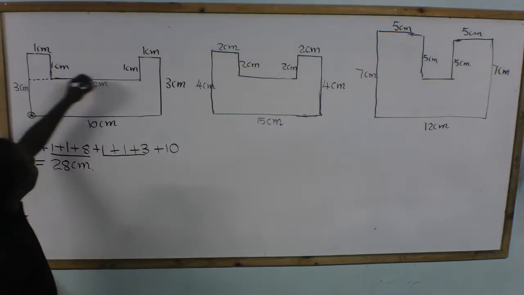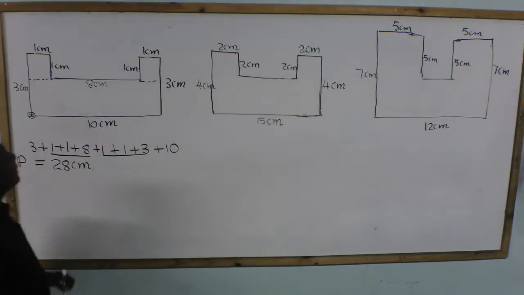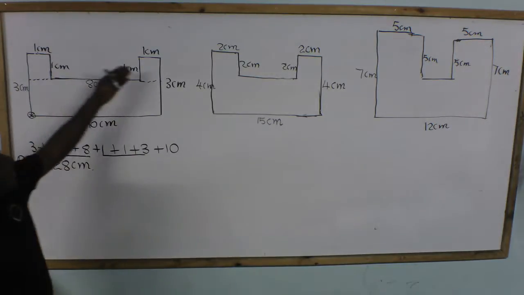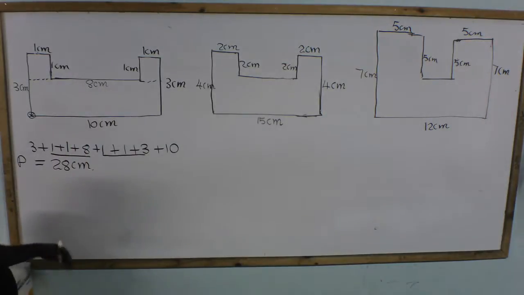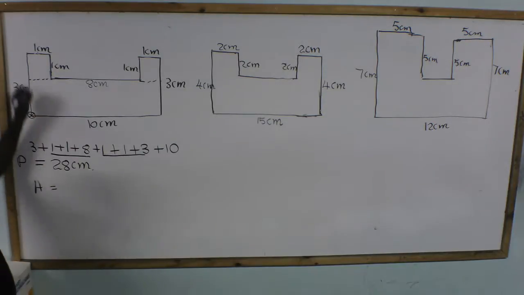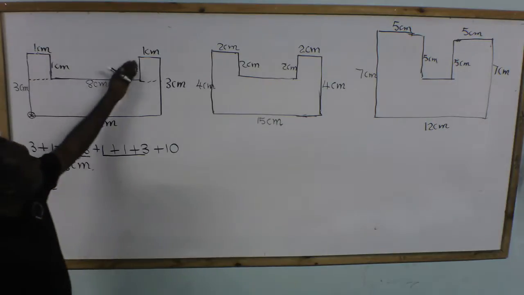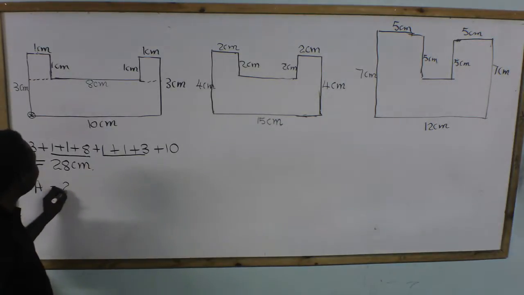For the area, we will divide this into 3 rectangles. These 2 rectangles turn out to be squares, but they are rectangles nonetheless. So area is equal to the area of this one, where we have 2 identical, 1 by 1.